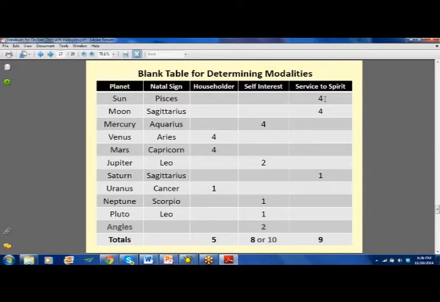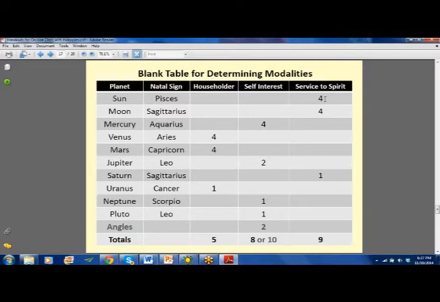So knowing what modality that's in, and then for me, for example, I had a Sagittarius moon. I also have a Pisces sun, so a lot of in service to spirit right there, right from the get-go. And I'm a Scorpio rising, so I'm moving into also including myself in that process of the experience of being in service to spirit.